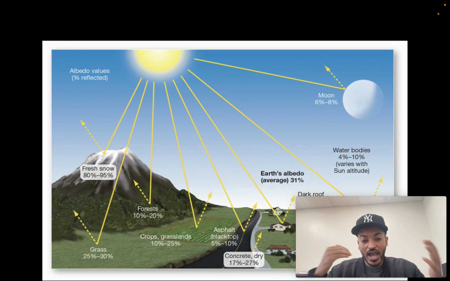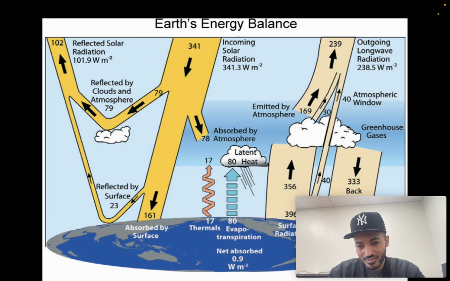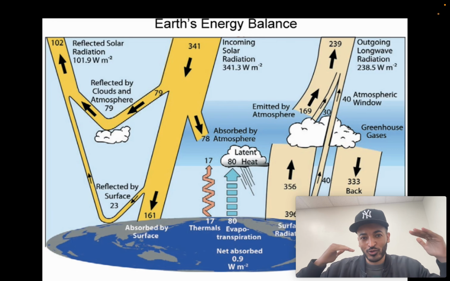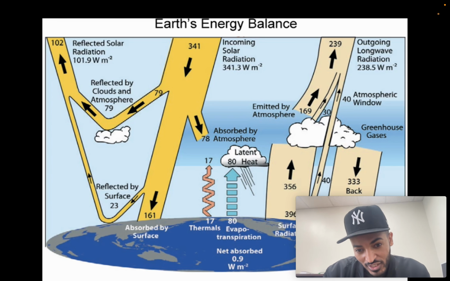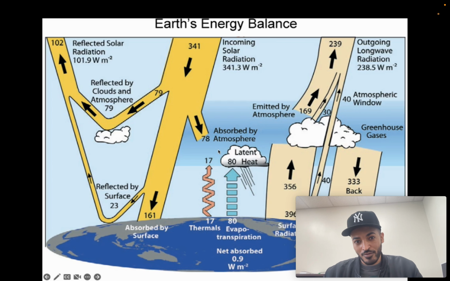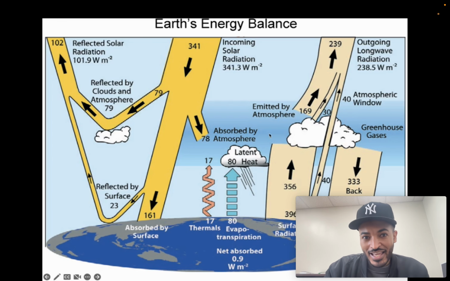So if we look at the Earth's energy balance, in the grand scheme of things, you don't need to memorize these numbers, but I just want you to know that the Earth's energy balance naturally knows how to attain a balance, right? The problem with the climate crisis is that we are emitting more carbon dioxide, more greenhouse gases, and we are interfering with the Earth's energy budget.